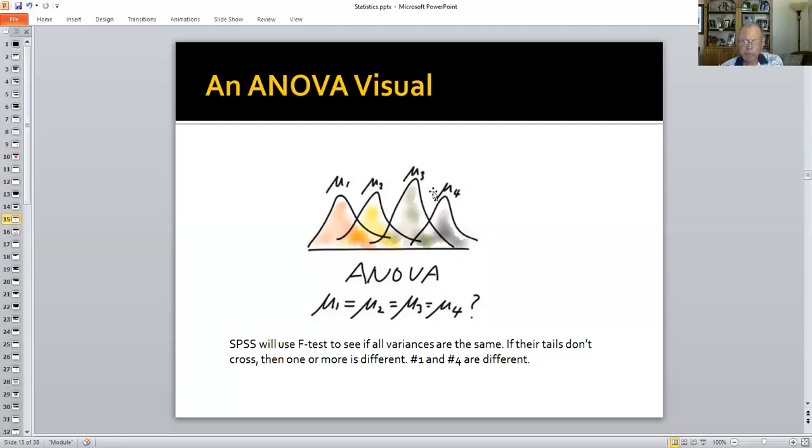So in this case, number 4 is dissimilar from number 1. Now, does number 4 cross into number 3? Yes. Does it cross into number 2? Yes. But it doesn't cross into number 1. So number 1 and number 4 are different. And that's what ANOVA is going to look at, using an F-test to see if the variance is the same. We're looking at variance. We're looking at tails. All right.